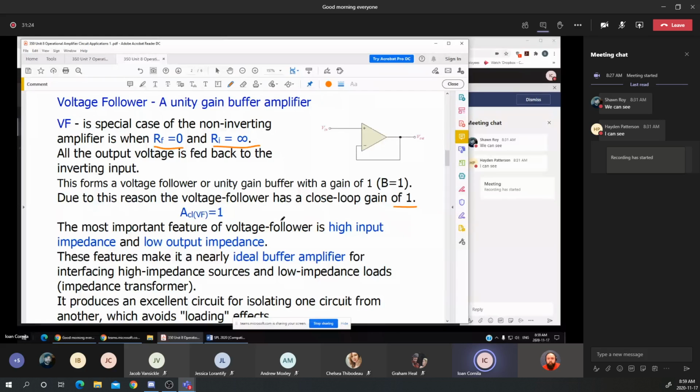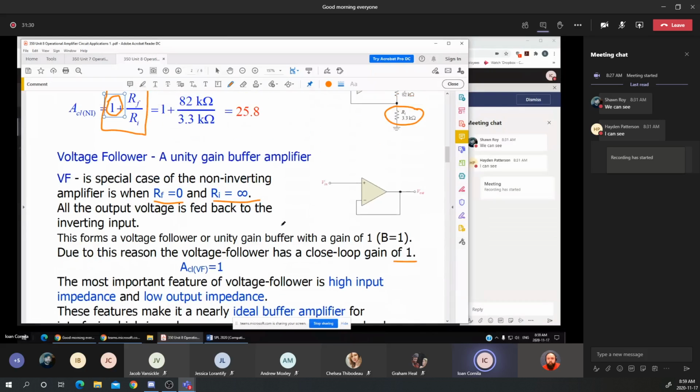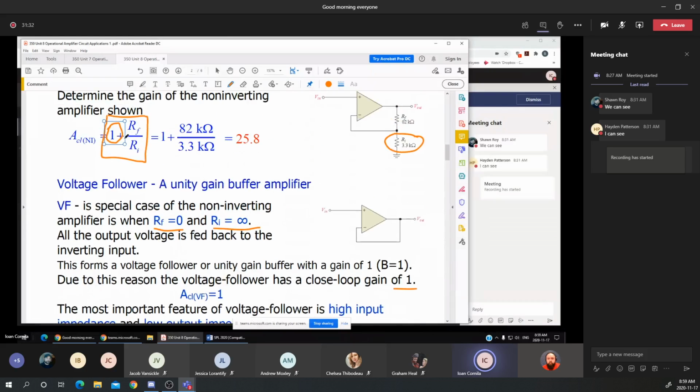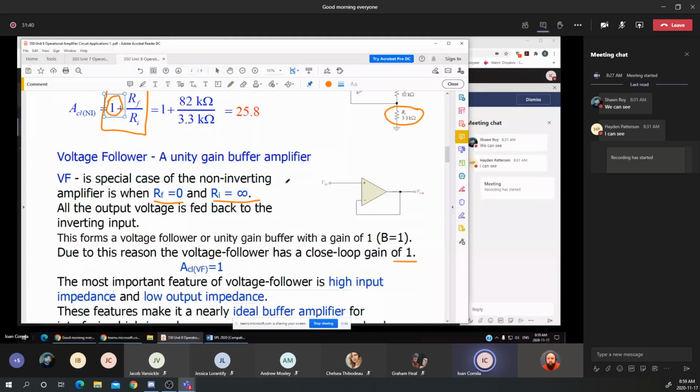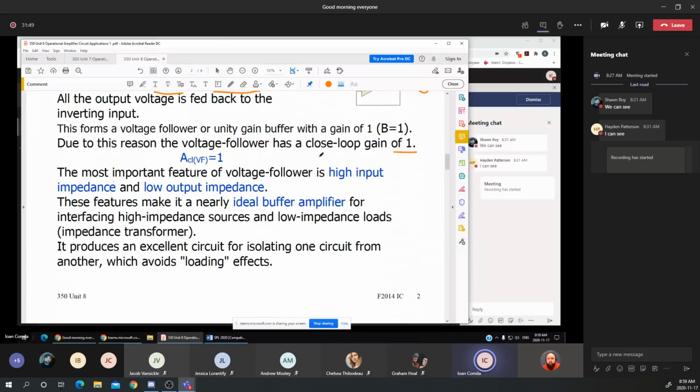A voltage follower. Now let's look at some applications and what the advantages are. If I look back at these equations in terms of gain, there is actually no gain, or unity gain. It means that the output voltage is the same as the input voltage. There is no gain. But what are the advantages?